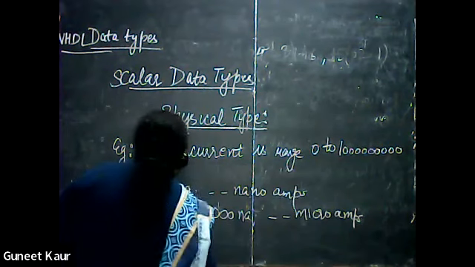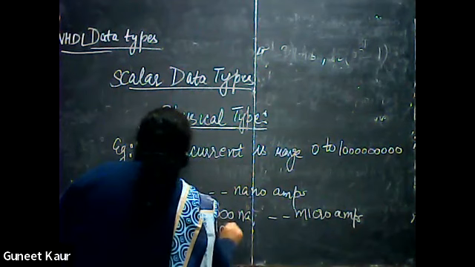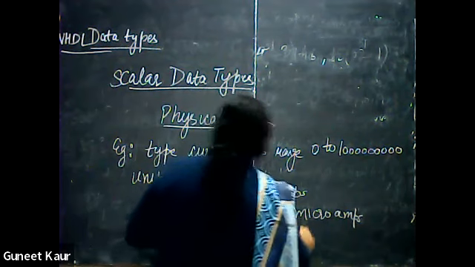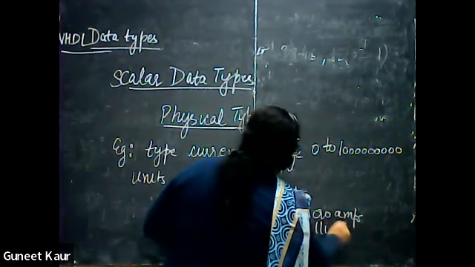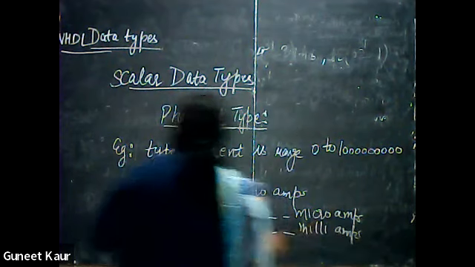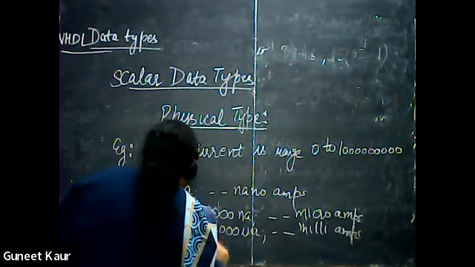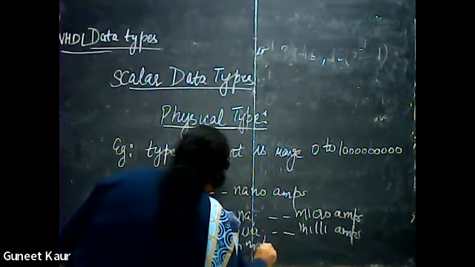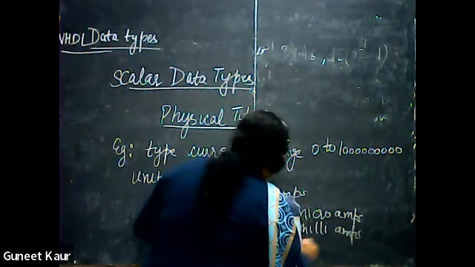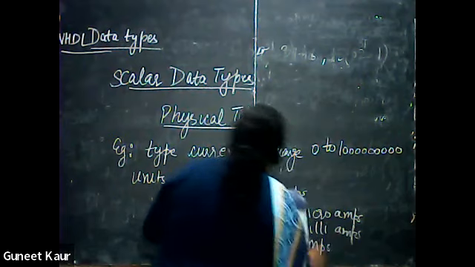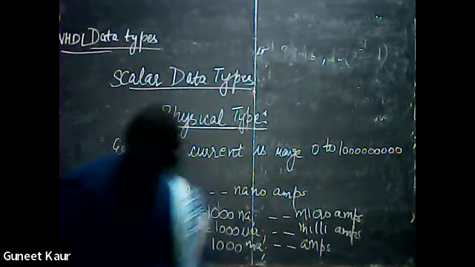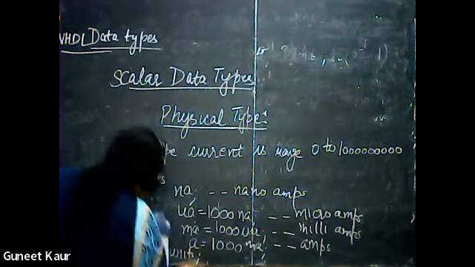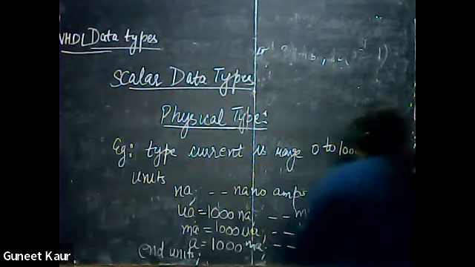Next is MA, where MA is 1000 UA, that is milli amps. And the last one is A, equal to 1000 MA, that is milliampere equivalent to your amps. And this is your end units.